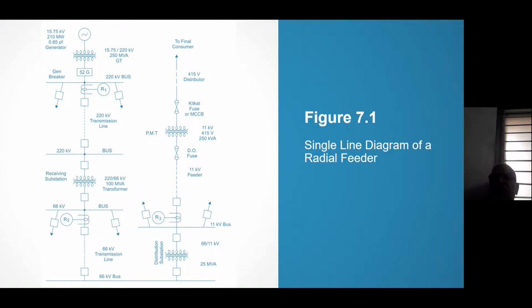Then the relay will sense the fault. It will operate, but it cannot break the circuit. So it has to give a signal to the breaker. R3 will signal to its own breaker, and that faulty part will be disconnected from the rest of the line. That is what is happening.